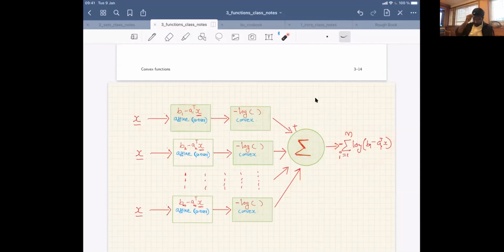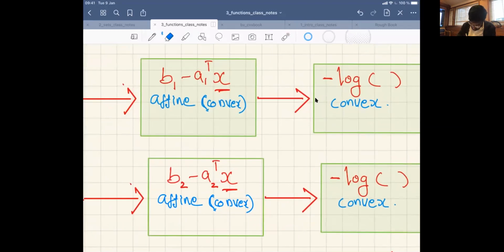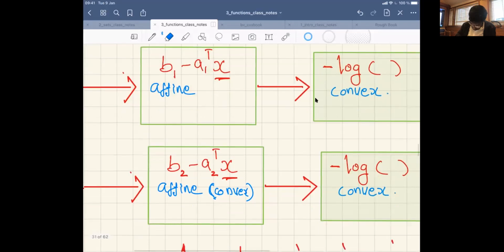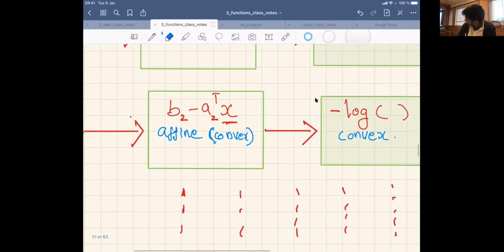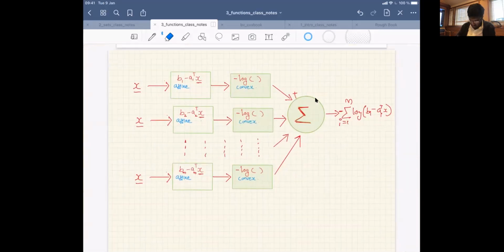One thing: the way I wrote this is slightly confusing. All affine functions are convex.